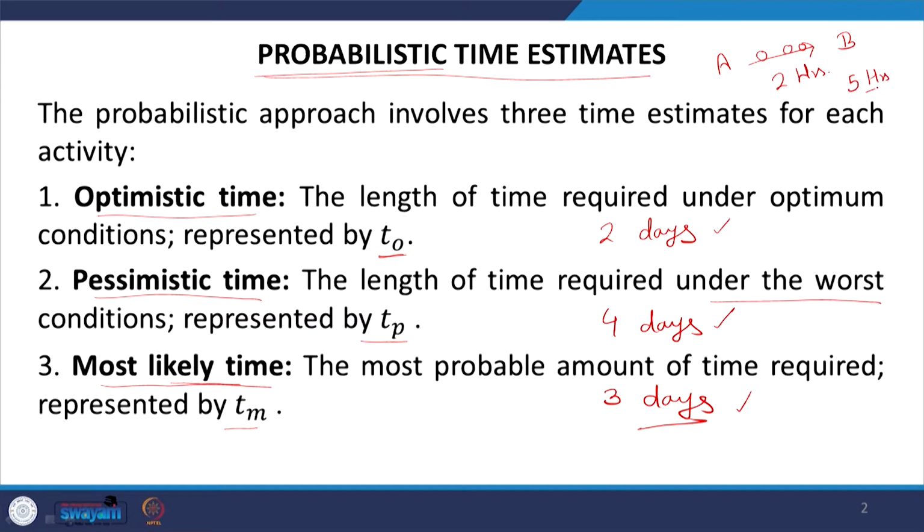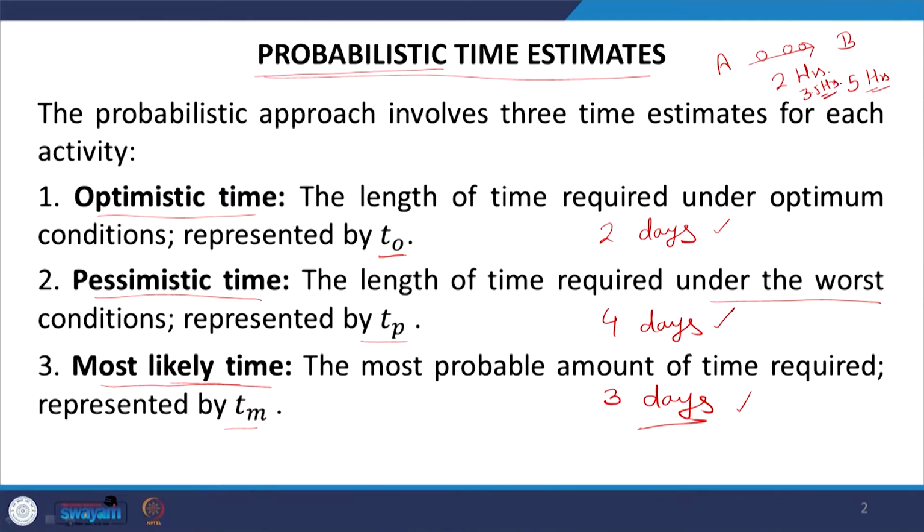But in any case, most of the time you will find some places with jam, some places empty. So, maybe in 3.5 hours you will reach. So, those are the different types of time estimations you have for a particular activity.